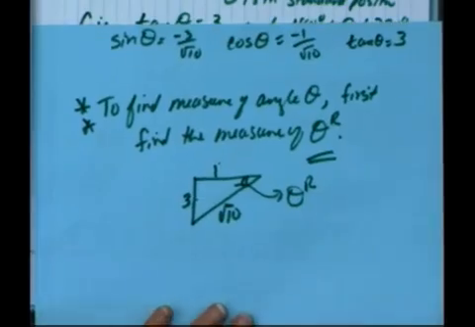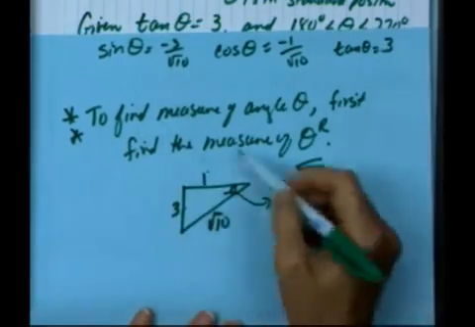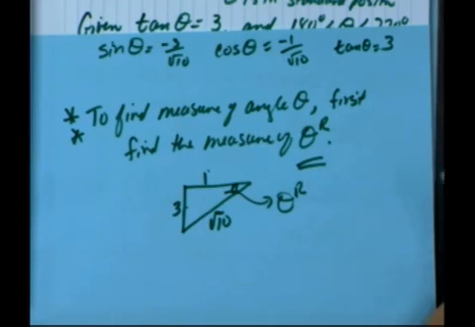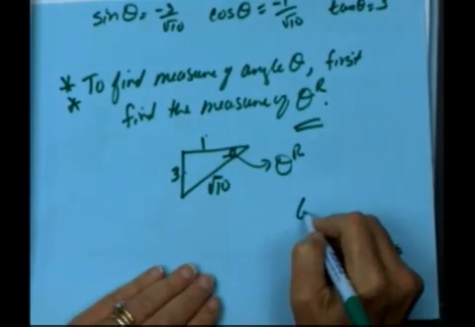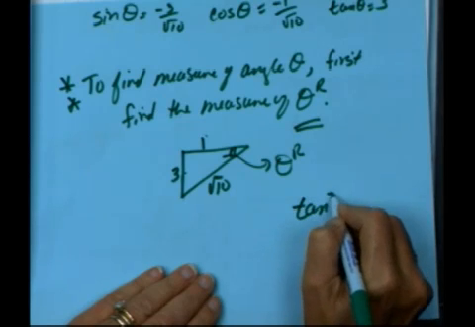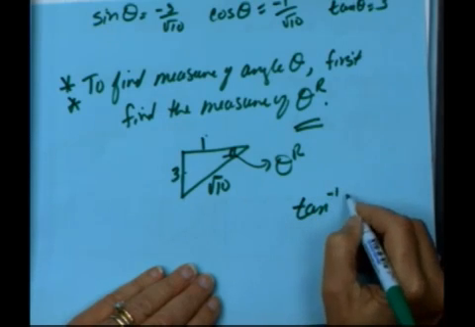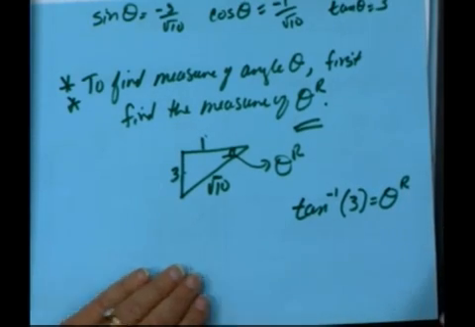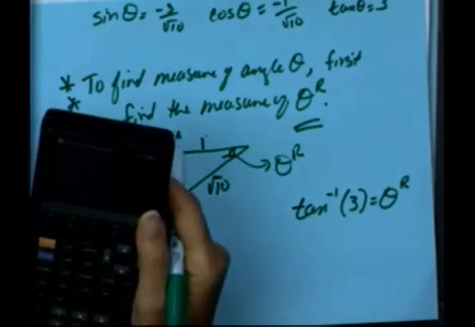Which of these trig functions is clearly the easiest for coming up with a measure for the reference angle? Tangent's the easiest one, right? So we're going to do the inverse tangent of 3, which is going to be the measure of our reference angle. 71.565.